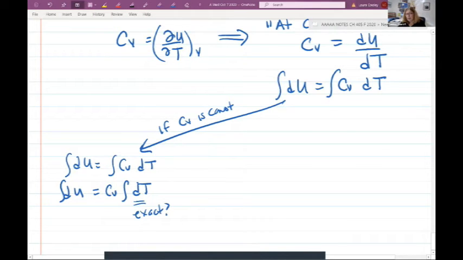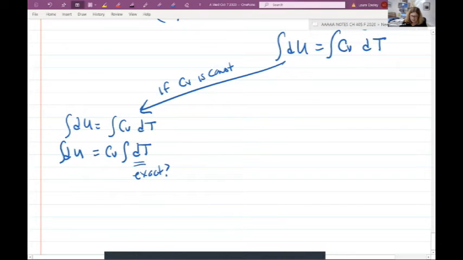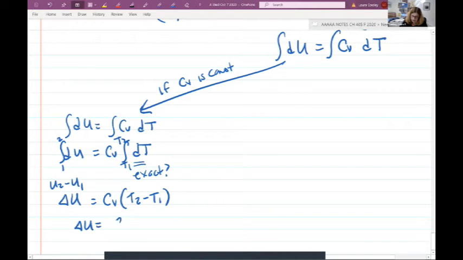Is the change in temperature path dependent? No, it's just delta T. So this is CV times (T2 minus T1). Change in temperature doesn't matter how you got to that temperature. And the integral of dU from state 1 to 2 is delta U, or U2 minus U1. Okay, so we have that delta U is CV delta T.